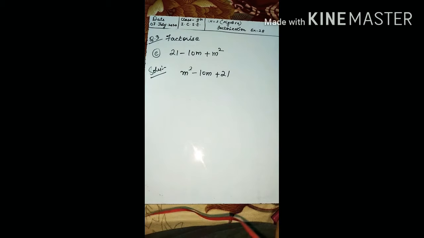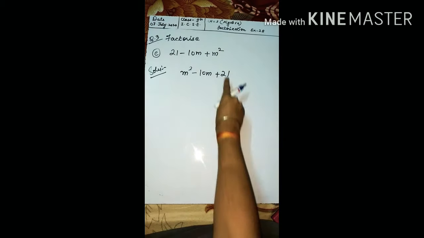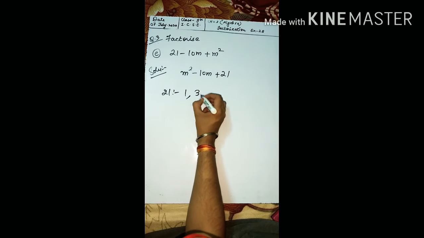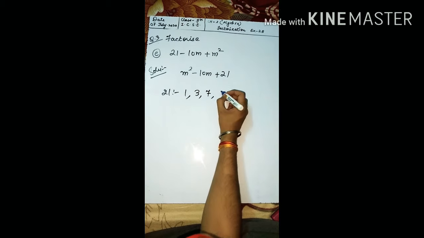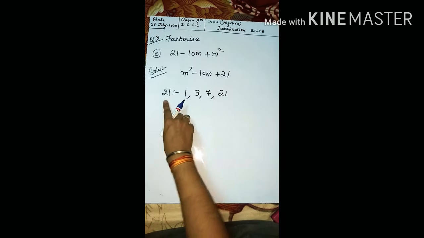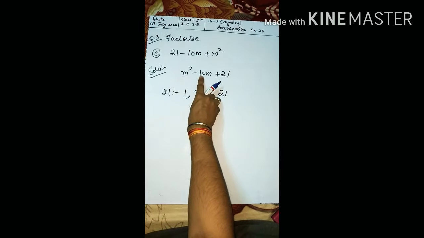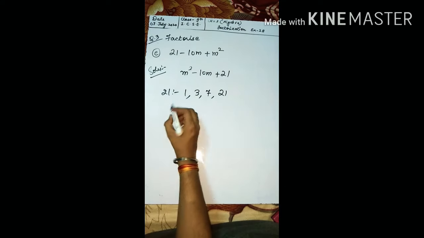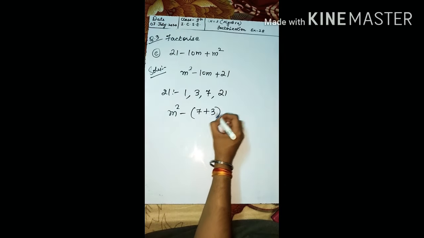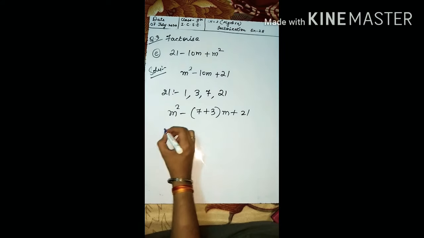Okay, so here it looks very easy, as we have to first find the factors of 21. What are the factors of 21? 1, 3, 7 and 21. Now we got all the factors of this 21. Now how to get 10? By adding 7 plus 3. Okay, so m square minus 7 plus 3 times m plus 21.